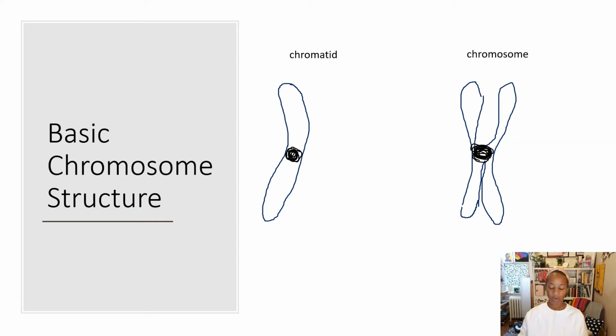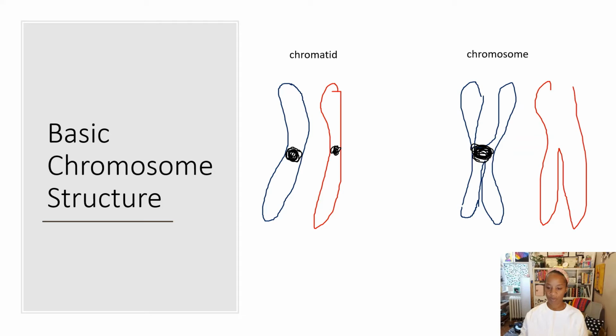Now we know that each cell contains a chromosome from each parent. We just saw that in the karyotype. So those would both be duplicated, creating what we call homologous chromosomes.